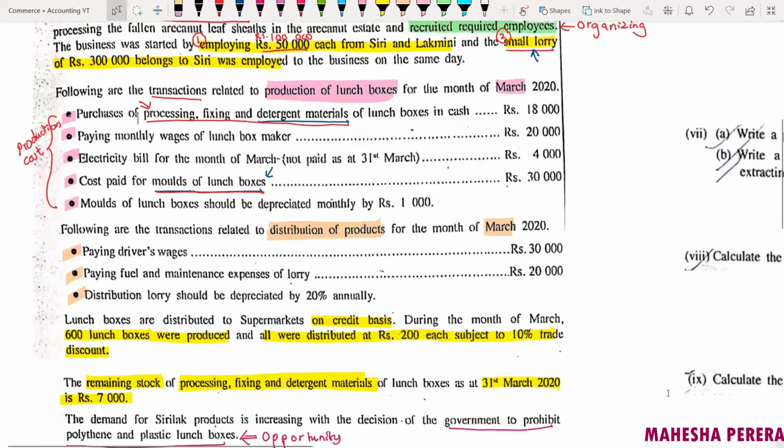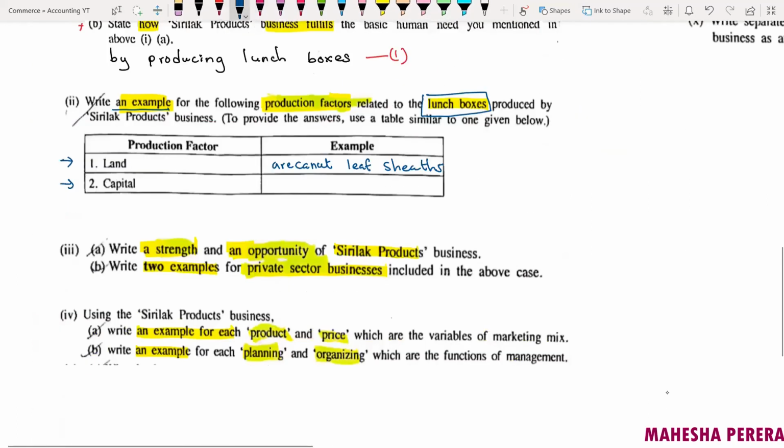Right, molds of lunch boxes. Now I'm writing on the paper itself. Now, when you write, you need to copy this table into your answer sheet and start writing the examples. Okay, molds of lunch boxes.